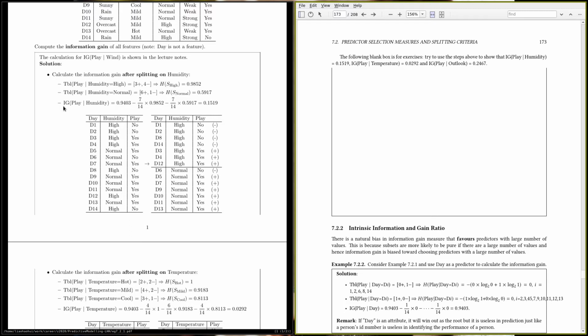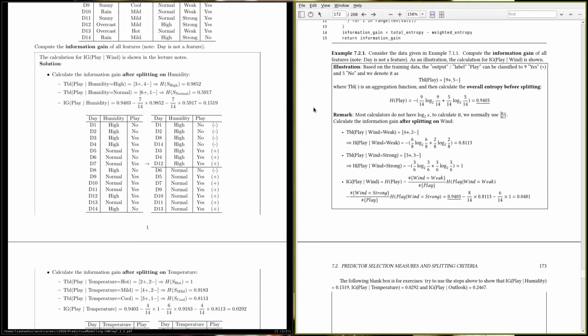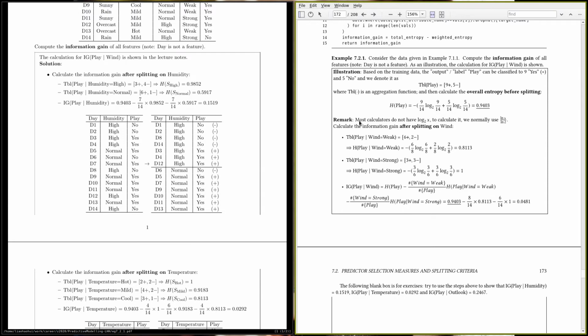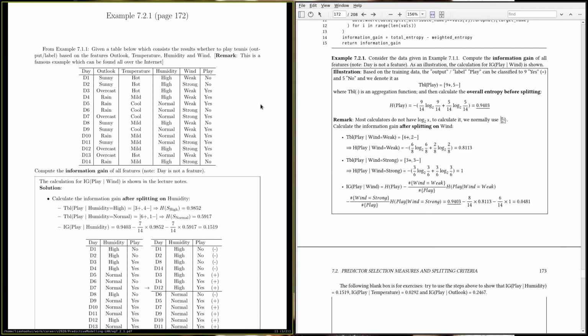So how do we find the information gain? The information gain for this type of split is calculated this way. First you need the original entropy before the split. Where can you get this? It's already given in your lecture notes. So, the overall entropy before splitting, the entropy of play. How many yes do we have?